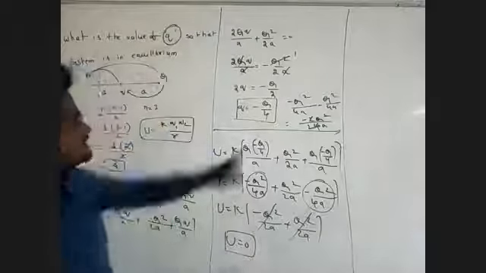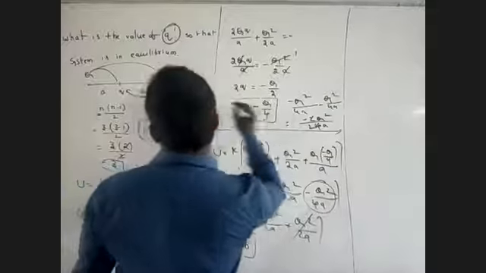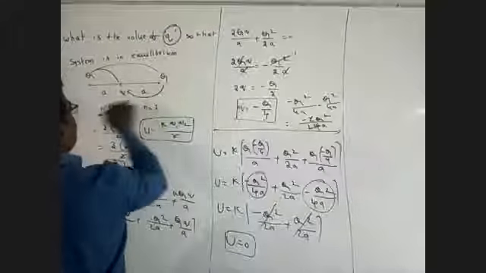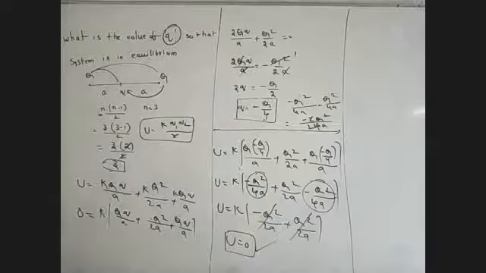The value of q is minus Q by 4. Putting it in this equation, the whole system is in equilibrium condition. Keep that in mind.